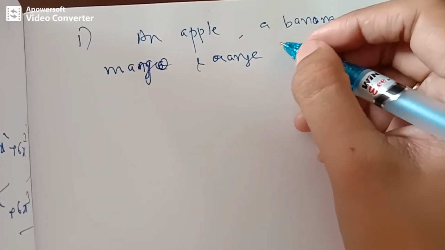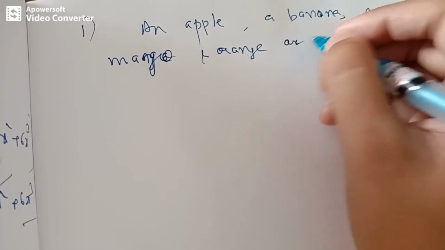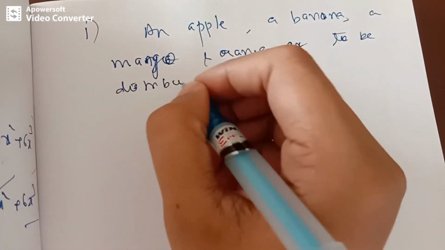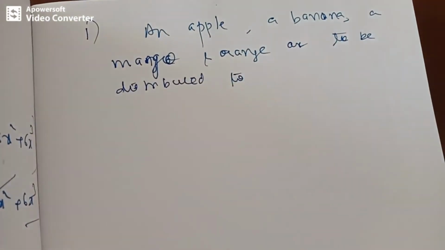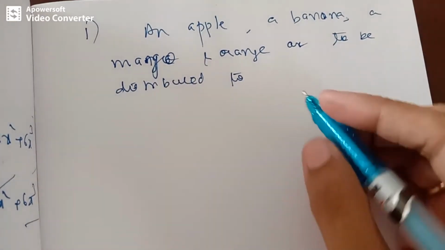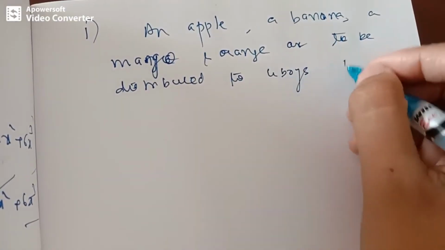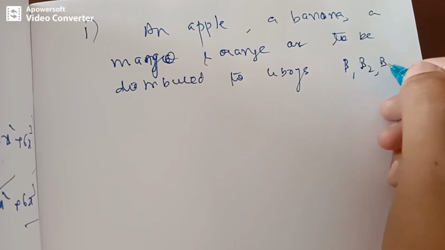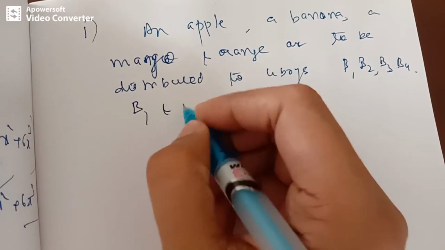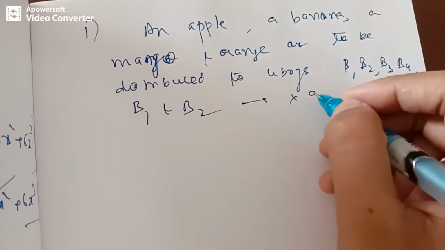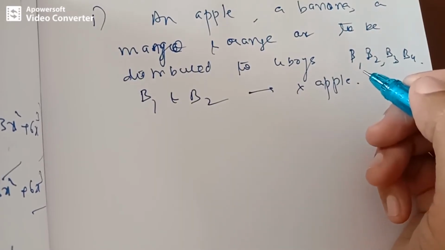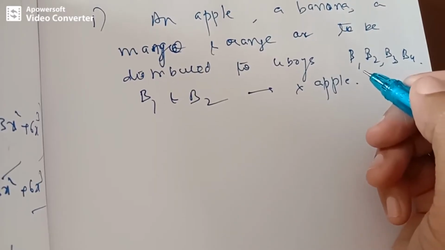If all these fruits are to be distributed to 4 students, 4 boys, I am naming them B1, B2, B3 and B4. And the boys B1 and B2 do not wish to have an apple.